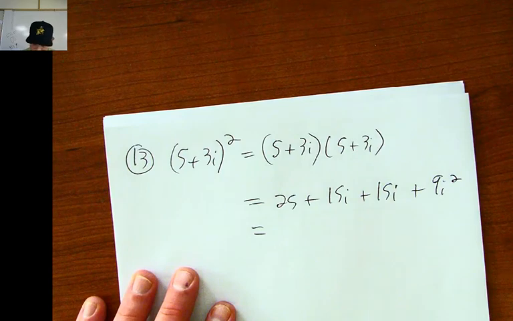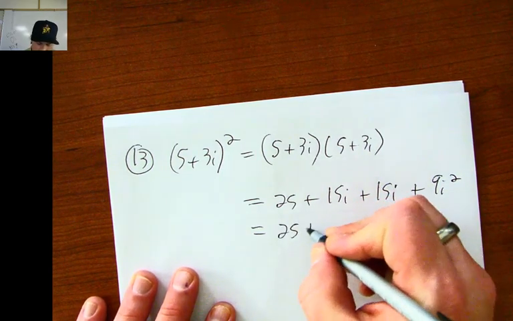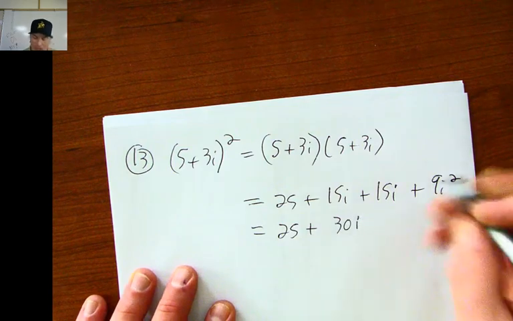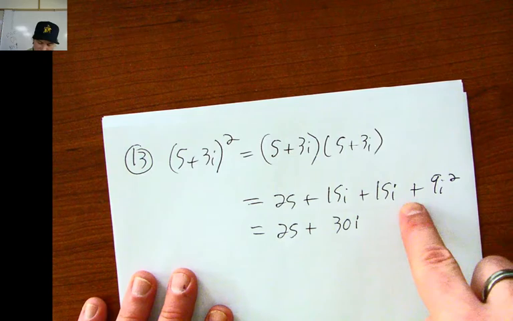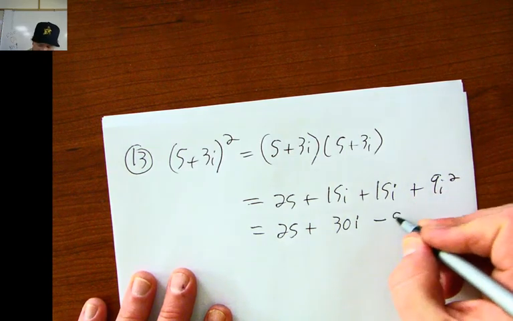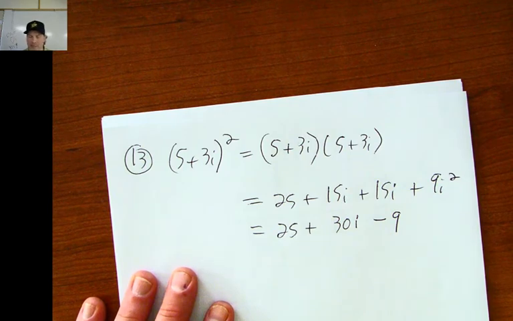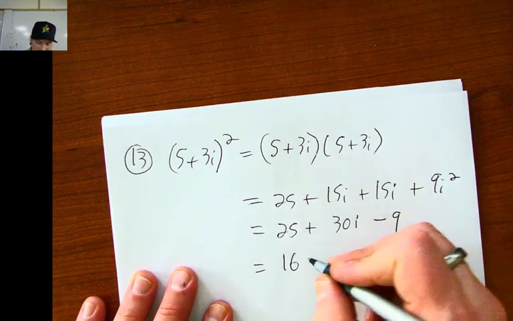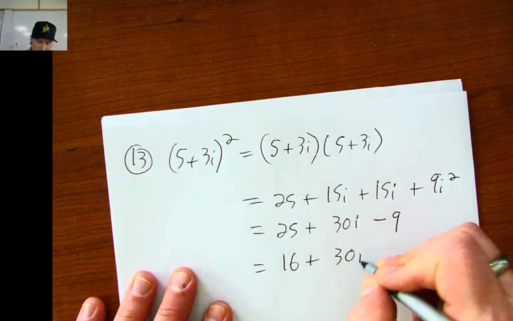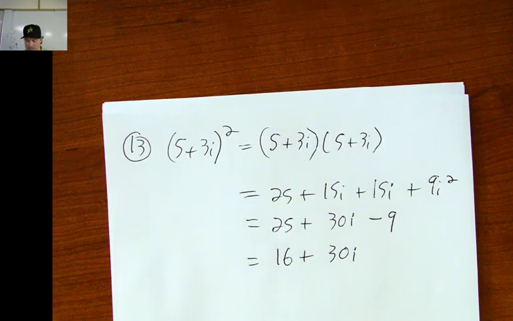Okay, 15i plus 15i is 30i, so I have 25 plus 30i, plus 9i squared. i squared becomes negative 1, so instead of being plus 9i squared, I can just write minus 9. And then you've got to add all the reals and imaginaries. 25 minus 9 is 16, so we end up with 16 plus 30i. And those are your 13 examples.